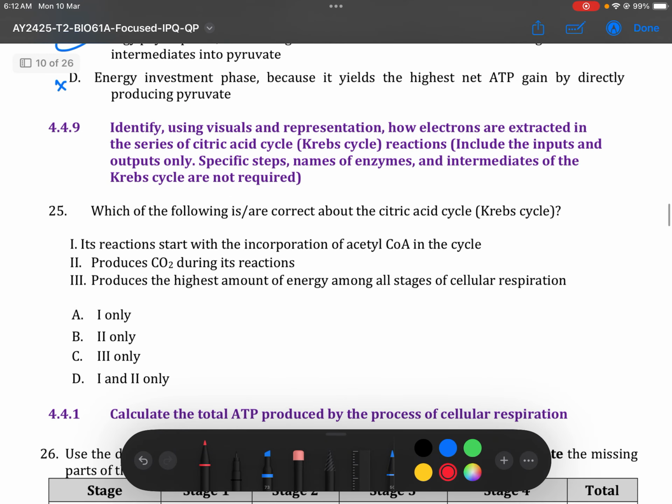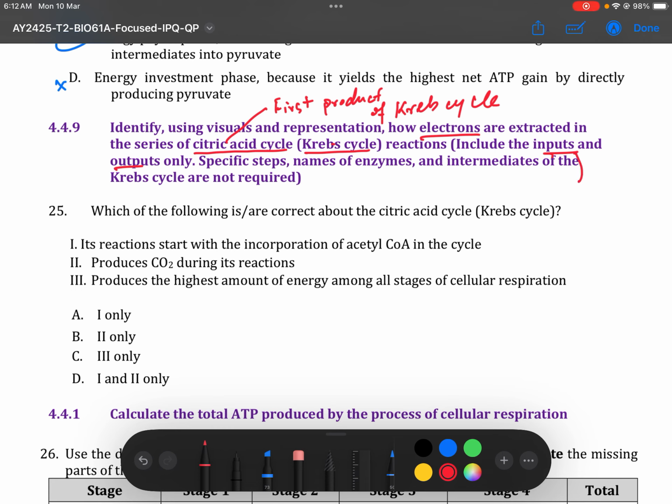Identify using visuals and representation how electrons are extracted in the series of citric acid cycle, which is also known as Krebs cycle. Why citric acid? Because this is the first product of Krebs cycle. We don't need to know it, but be sure why it is called the citric acid cycle. Include the inputs and outputs only.